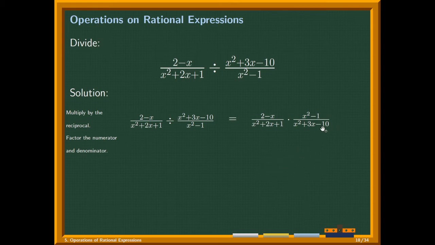Here, A is again 1, and C is negative 10. Negative 10 can be 5 and negative 2. Since this is positive 3, the positive value must be larger than the negative value.